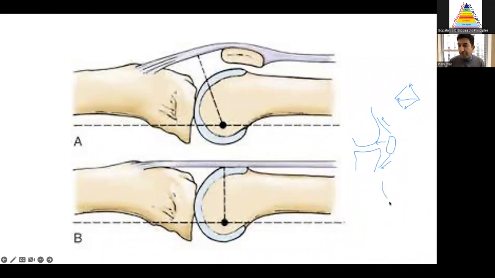So if I redraw it for you like that and like that, but this time I take the patella away and we just draw a quadriceps tendon and a patella ligament like that, that's got to work harder. So that quad force is going to go up. That's got to work harder. So that patella ligament force is going to go up. It's less efficient. So as a result, the joint reaction force goes up.